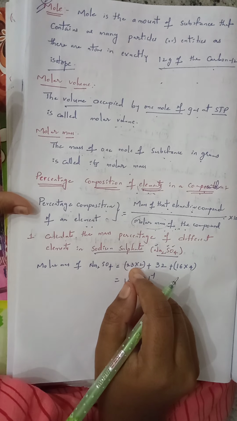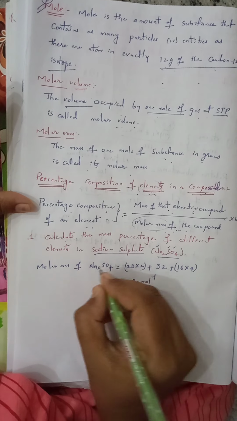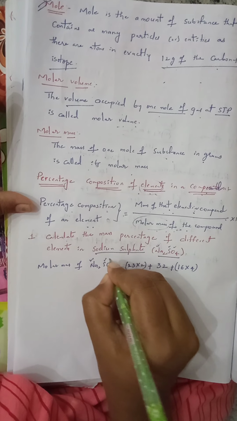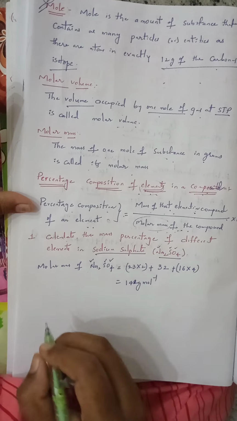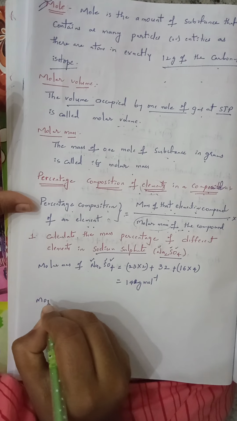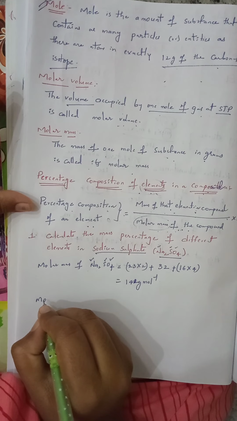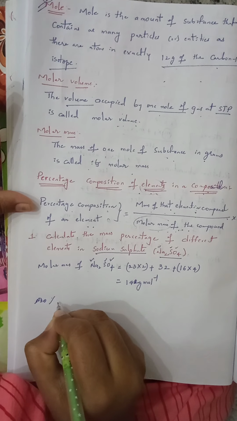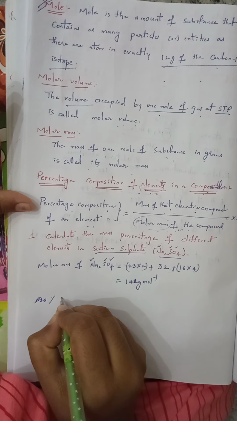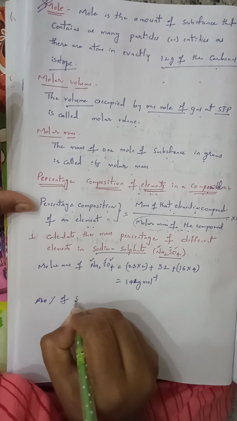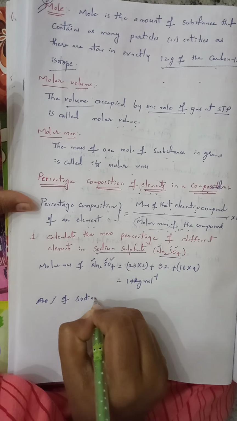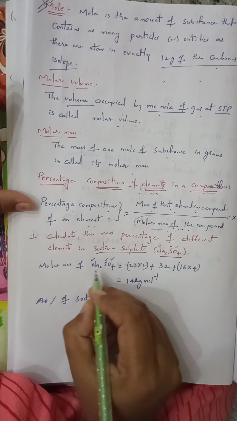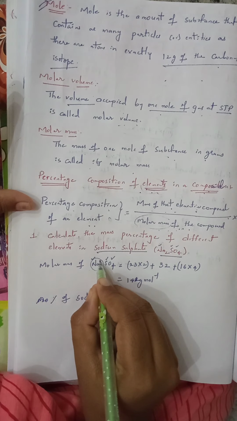Now you want to find the percentage composition of each and every element. Three elements are here: sodium, sulfur and oxygen. First, percentage composition of sodium is equal to, how many sodiums are there? 2 sodiums.